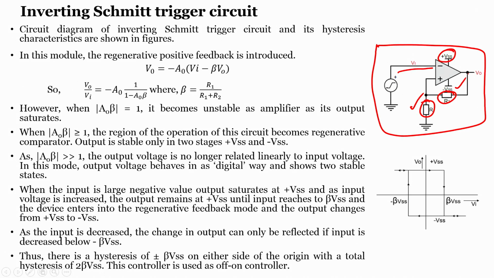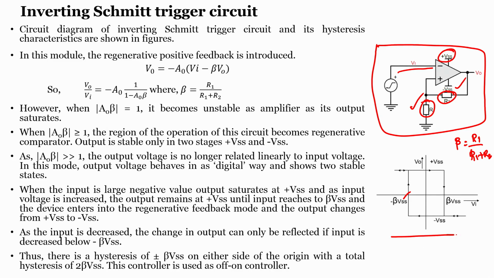As we have already seen in our professor's lecture, the relation between the thresholds depends upon the beta value. Beta is related to the resistance that we have chosen, and is nothing but R1 divided by R1 plus R2. So beta into minus VSS is our lower threshold value, and beta into plus VSS is our higher threshold value. So, how is the output related to the input?